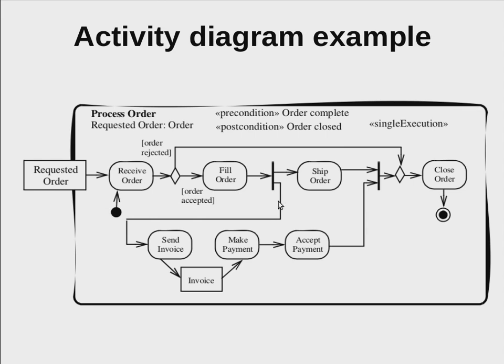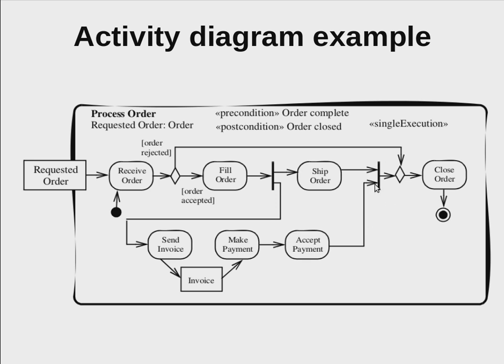And then you start concurrent execution. One copy of the order is shipped to the customer, but the other is used to create an invoice, to send this invoice, to make payment, to accept this payment.